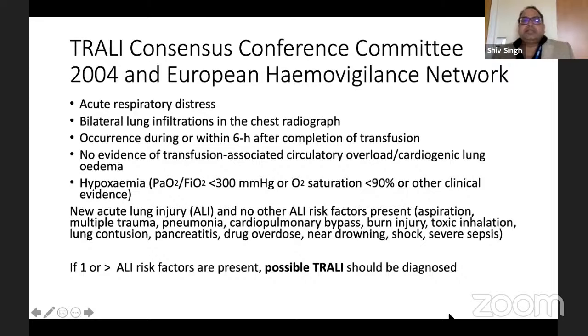This is TRALI as defined by the Consensus Conference Committee 2004 and the European Hemovigilance Network. So TRALI is an acute respiratory distress. ALI is acute lung injury. So this causes acute respiratory distress, and it presents with bilateral lung infiltrations in the chest radiograph or X-ray, and it occurs during or within 6 hours after completion of a transfusion.